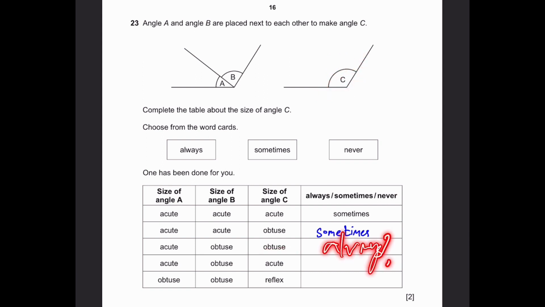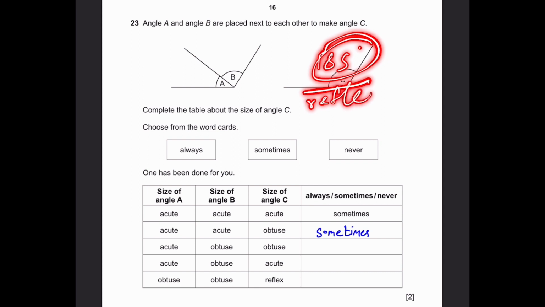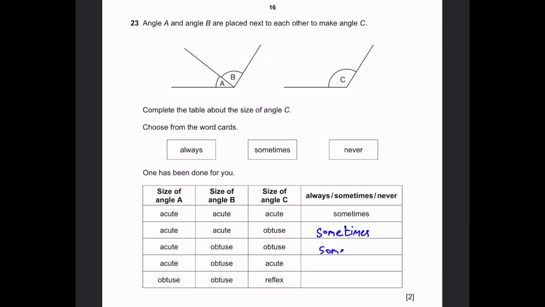No, because there's another possibility. Let's take the same B is 100 degrees, but let's change the A value up to 85 degrees. Now A plus B will be 100 plus 85, which is 185 degrees for C. And that is a reflex angle since it's greater than 180 degrees. So it doesn't have to be always like that. We can say sometimes.